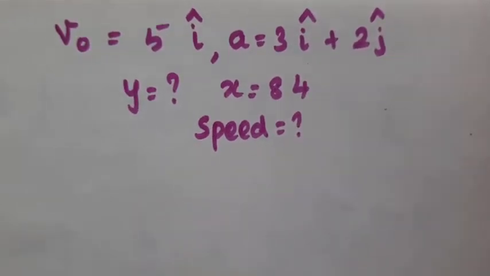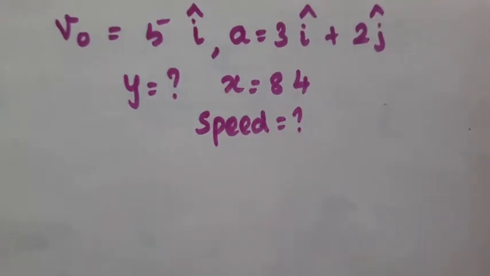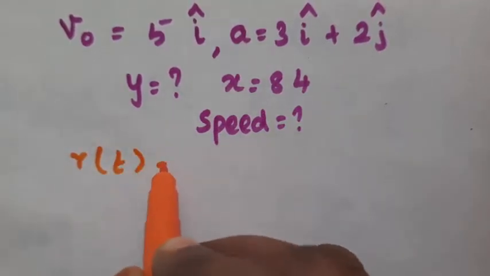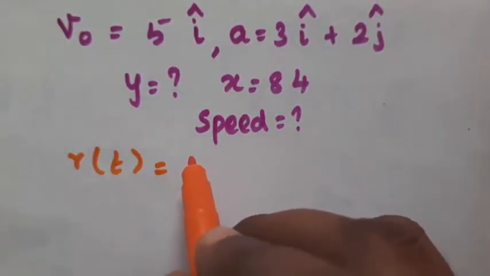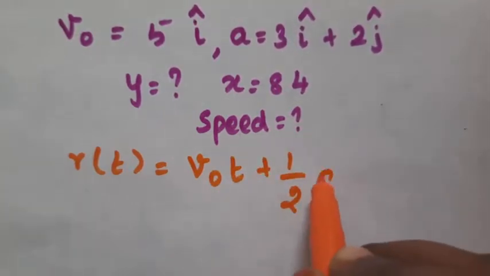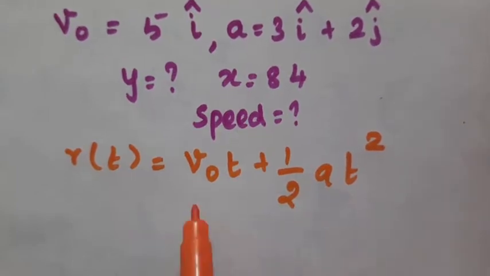To find this, we all know the formula for the position vector r of t. The formula is r of t equals v naught t plus half a t square. We have to substitute v naught and a.